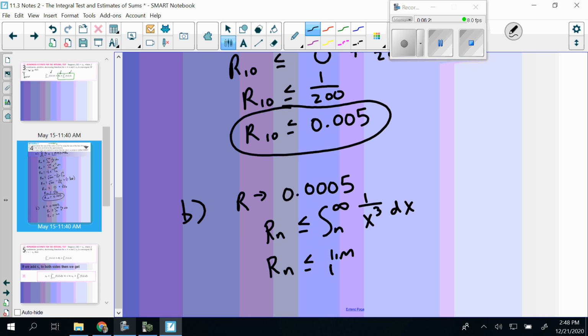We got the limit as t goes to infinity, and our antiderivative to this, from n to infinity.